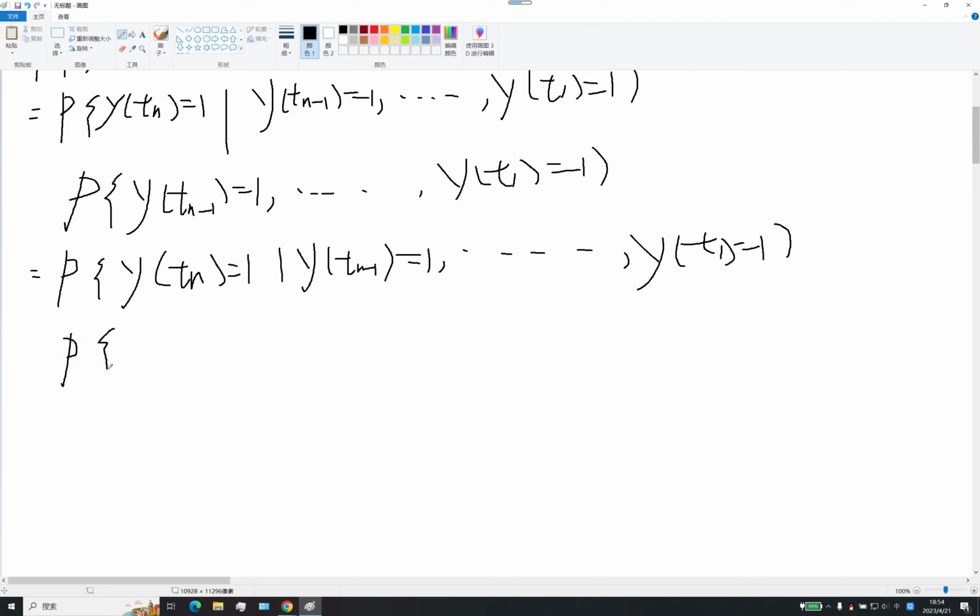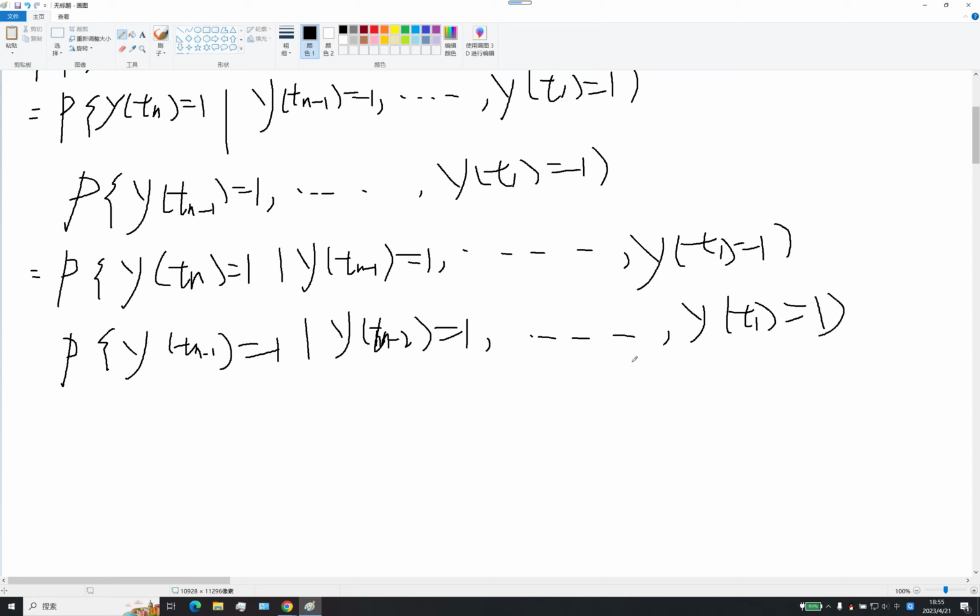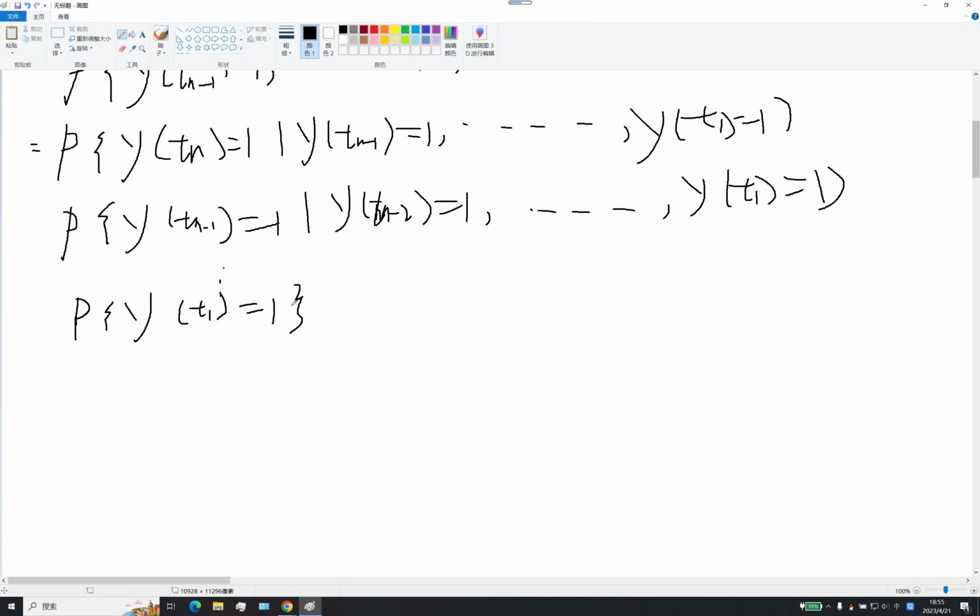This is P(y(tn-1) = 1) on the condition of y(tn-2) = 1 and y(t1) = 1, and multiplying many of them, the last one is y(t1) = 1.